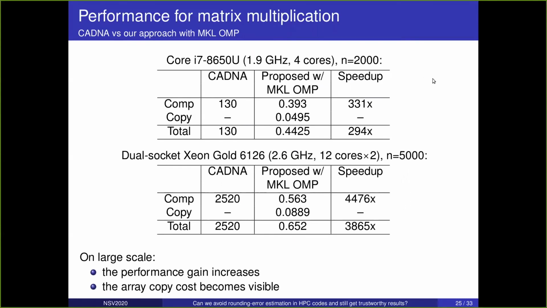In the second table, you can see a speed up of about 3,800. And you can see also that the array copy cost becomes visible here because on many cores, the computation is efficiently performed.